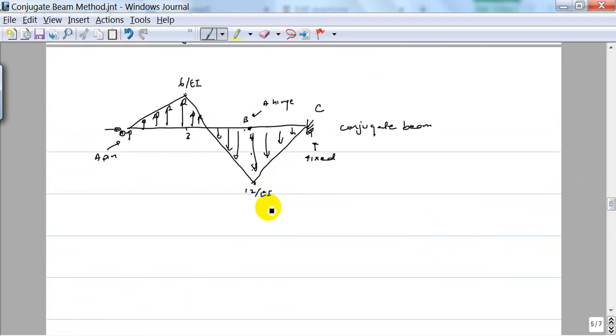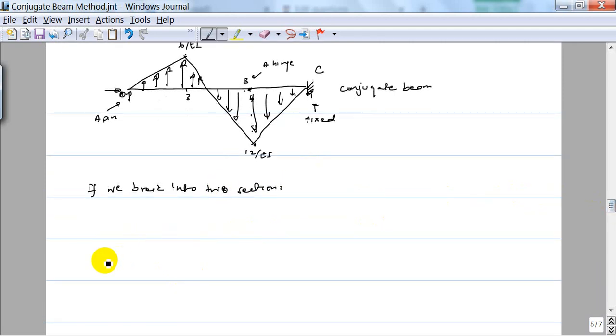So now if I consider the section BC, if we break into 2 sections, the first section is A to B. Here you have a pin support, and here we can consider it's a roller because it's a hinge, and I'm breaking here.